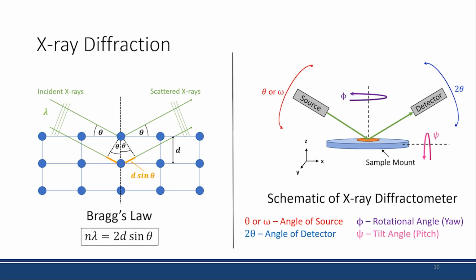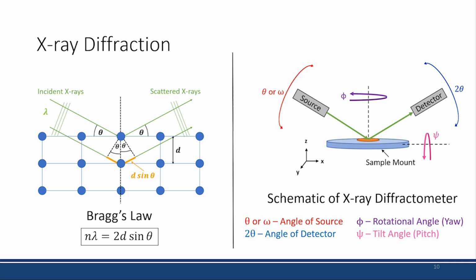So this is kind of how it works. Obviously, we're using Bragg's law to determine the interplanar spacing of crystal planes. This would be a standard diffractometer, and I just want to go over a little bit of the motion for these because geometry is highly important to this technique. Of course, the source and the detector can move independently at different angles, commonly described as theta and 2 theta.